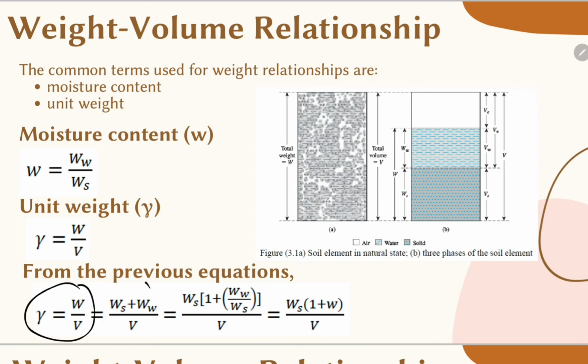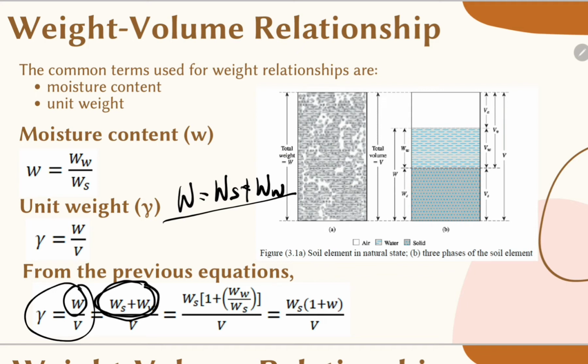Si weight, saan ba equal si weight? Kanina, in-introduce ko, the weight is equal to weight of the soil solids plus weight of water. Bakit walang weight ng air? Since negligible. So, we can replace W by Ws plus Ww.